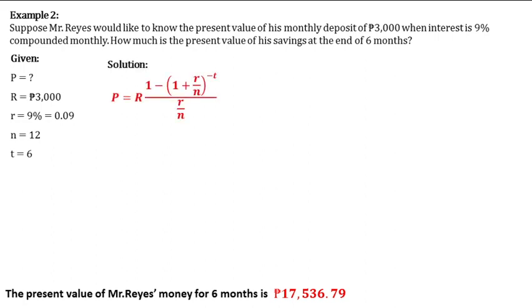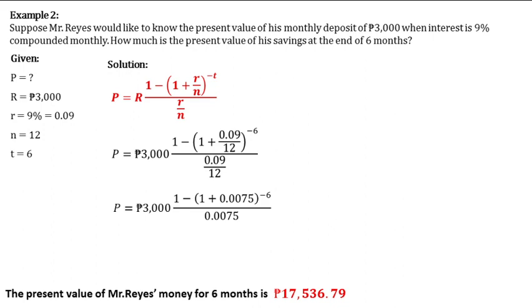So, solution, gamitin natin yung formula for present value of annuity. Then, we substitute the values we have to the formula. So, meron tayong 3,000 times 1 minus 1 plus 0.09 over 12 raised to negative 6 all over 0.09 over 12. So, katulad kanina, gamitin natin ang PEMDAS.